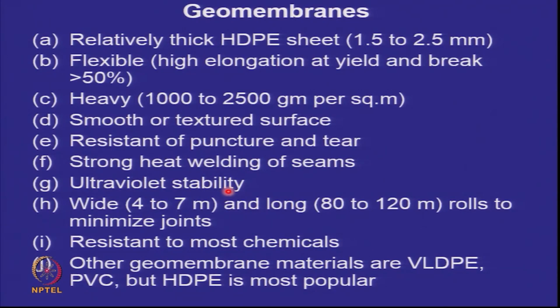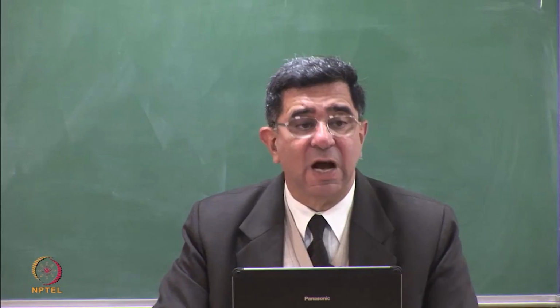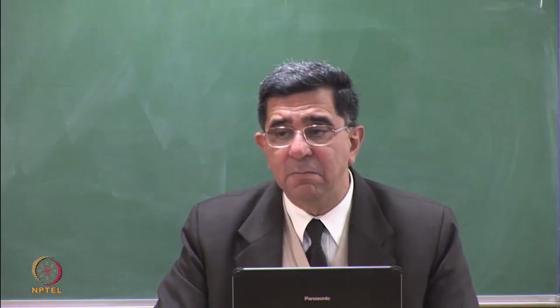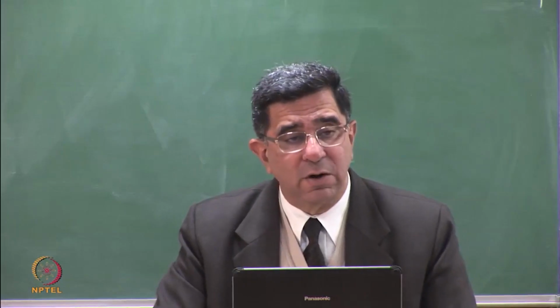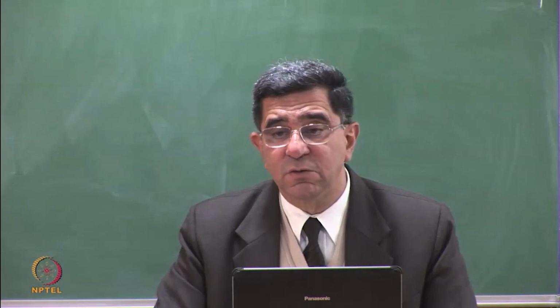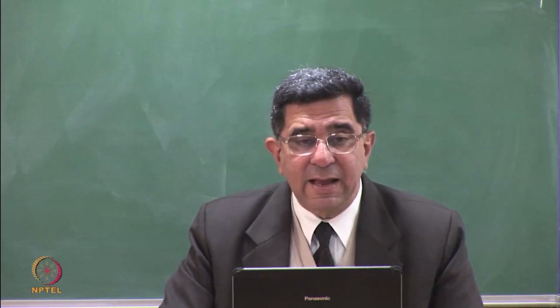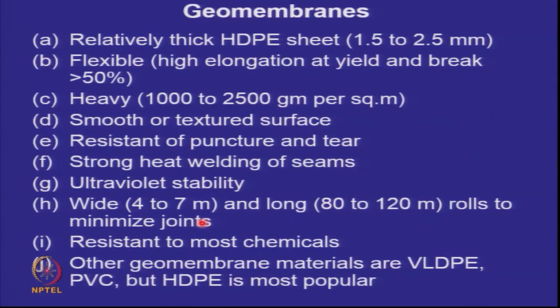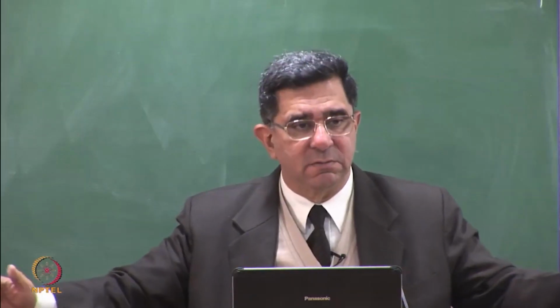They have ultraviolet stability. Most of the time they look black because ultraviolet stability comes in polymers when you use carbon black. Carbon black gives you UV stability. So many of the overhead water tanks and many of the polymeric materials which look black are on account of UV stability. They can come in wide rolls, 7 meters. Now they are talking of even 10 to 12 meter wide rolls. So 10 to 12 meter wide is 30 feet.